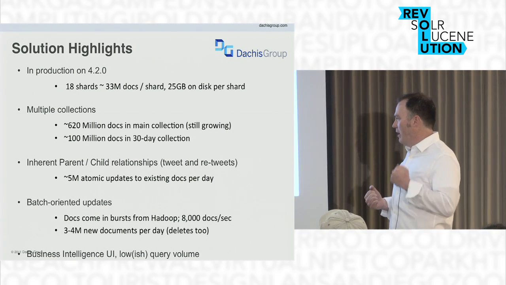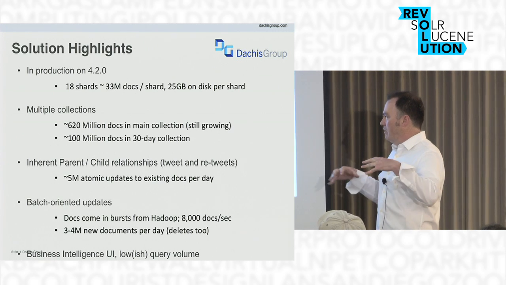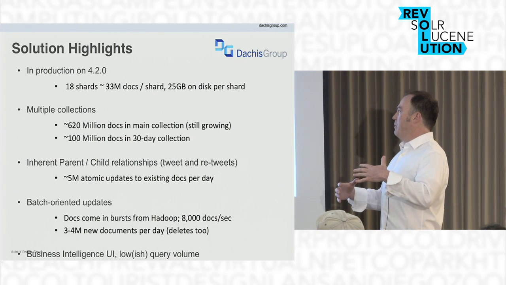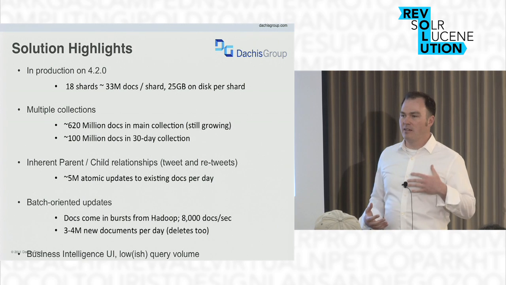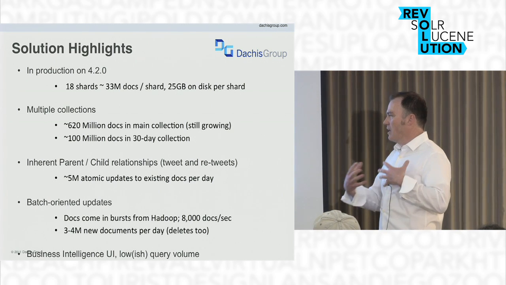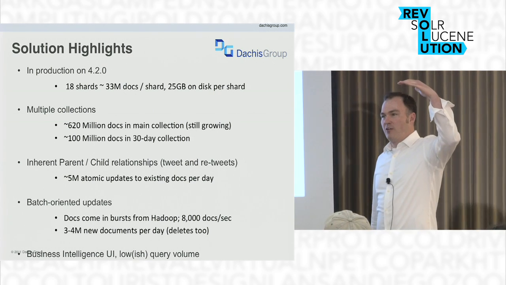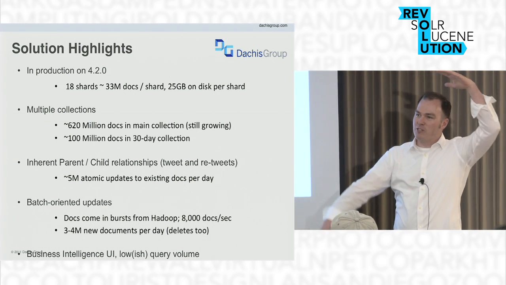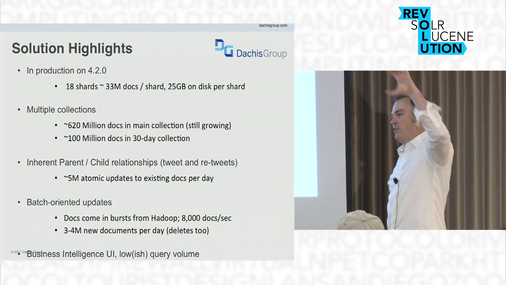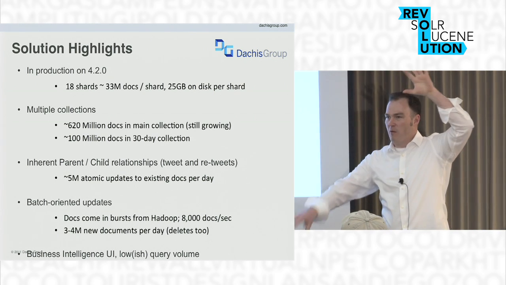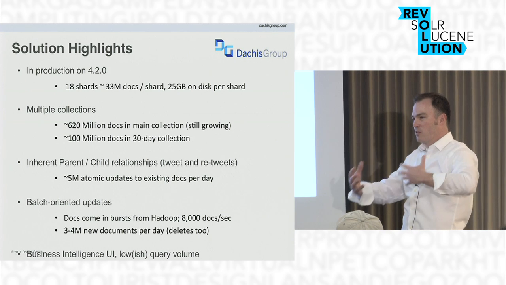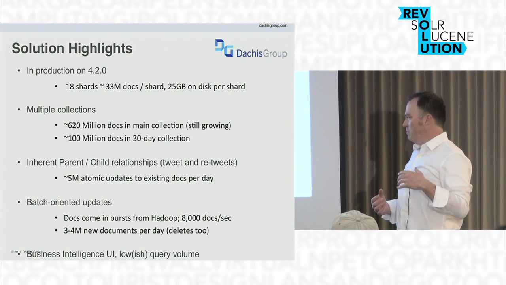One thing that's not unique about our data, but is in the backdrop when we're designing new features, is that we have inherent parent-child relationships in our data. Think of a post or a tweet and then all the retweets that come after it, or a YouTube video and then all the comments over time that come after it. So it's parent-child.